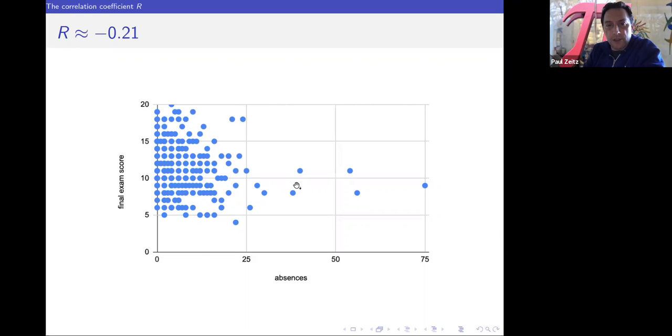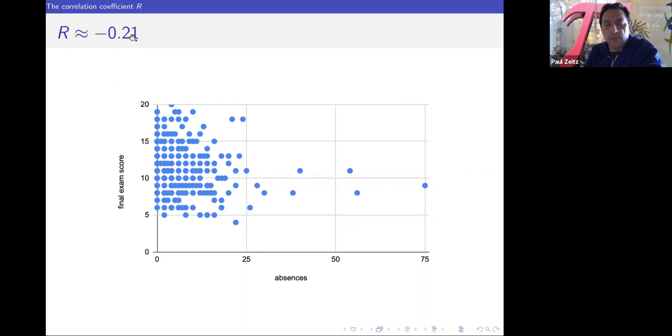For example, this person here did quite poorly, but then this person was absent more but did better. And this person did just as well, and they were absent quite a bit more. But if you slice the data like that, you do get a vague sense of it. Still, the fact that this is a number computed to so many decimal points, what does it really mean?